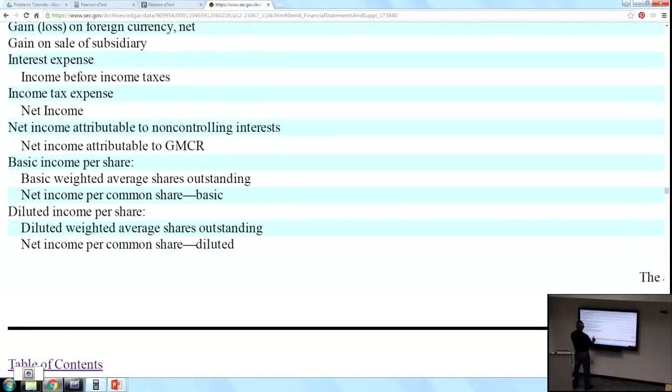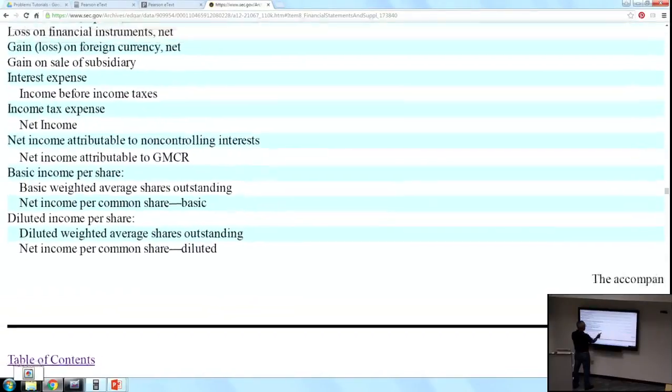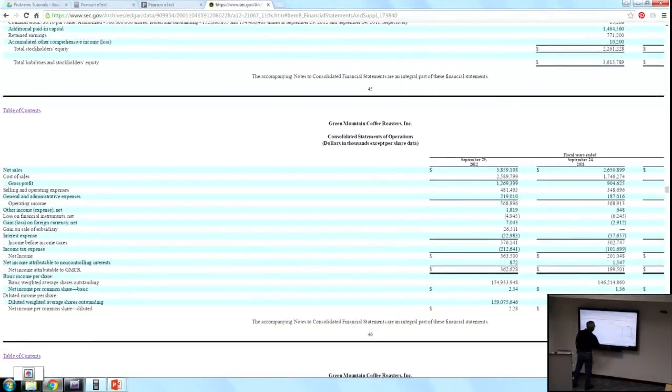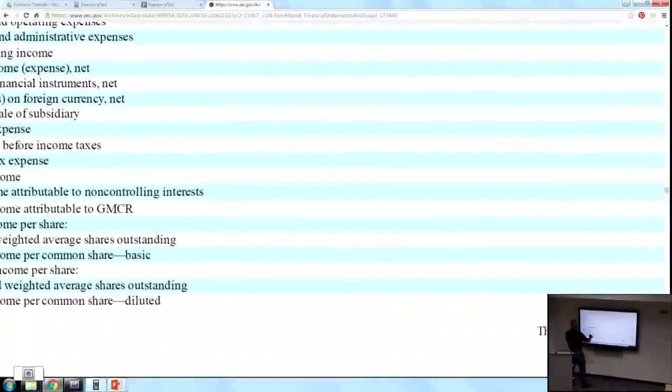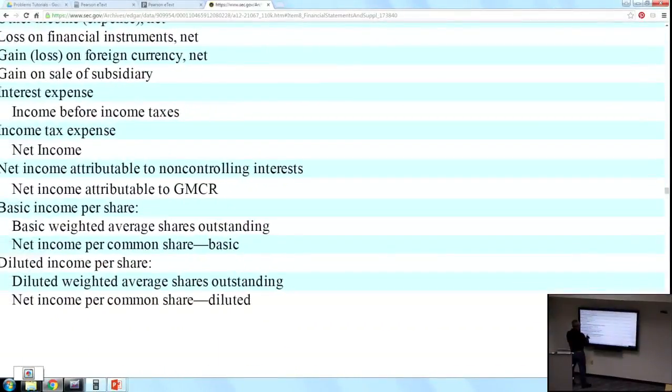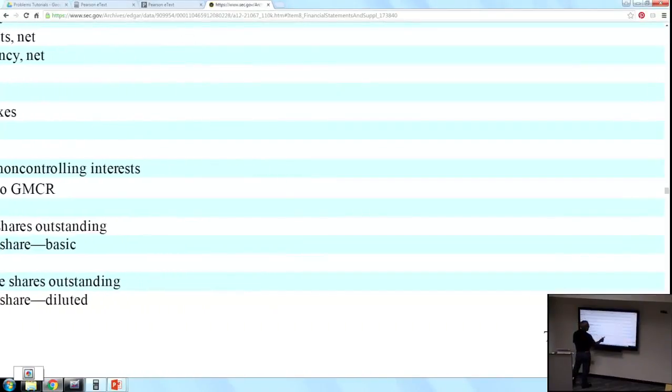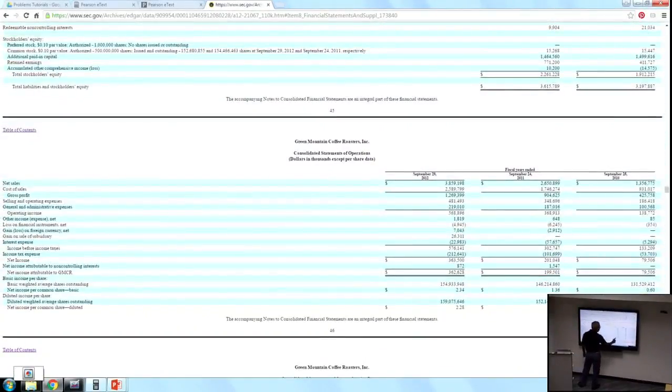It says net income per common share diluted, that's 2.28. So 2.28 is based on diluted weighted average shares outstanding, and what they have used is 159.075.